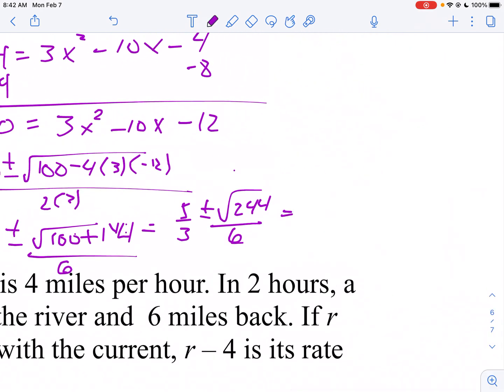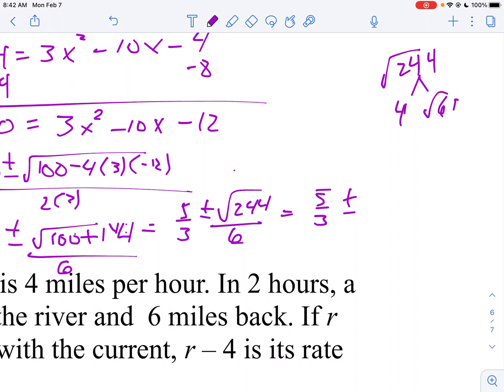So let's say 5/3 plus or minus the square root of 244. I'm going to make a factor tree for that because I don't remember. I think 4 goes into 244. Yeah, it goes in there 61 times.